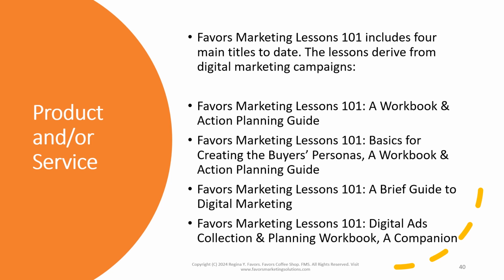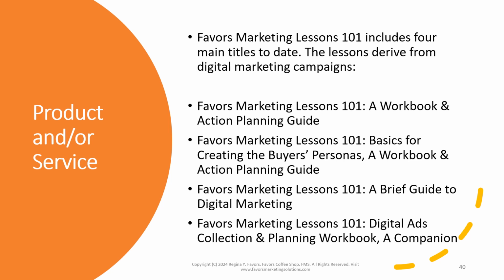Then you have a brief guide to digital marketing, which is new. So we are in January 2024. I wrote both the last two books in December, and then the digital ads of 2023, and then the digital ads collection and planning workbook is all of the ads that I created for the 3 month case study and any other type of ad for any other marketing objective.